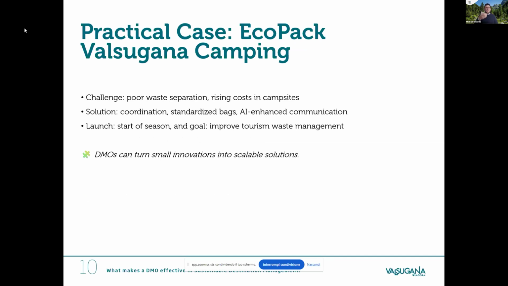I show you the new project in Valsugana with the Valsugana camping operators. The name is EcoPack. What is EcoPack? When we look at these topics, in particular, the problem is poor waste separation in campsites.